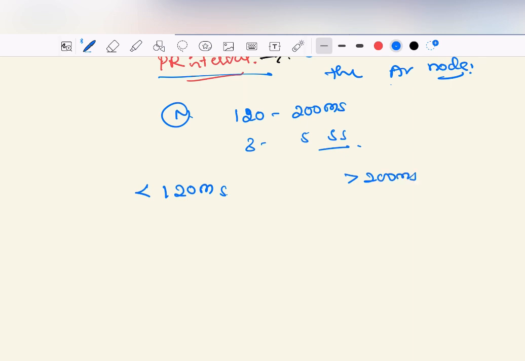If the PR interval is more than 200 milliseconds, it is called prolonged PR interval, and it is seen in heart blocks: first degree, second degree, third degree.